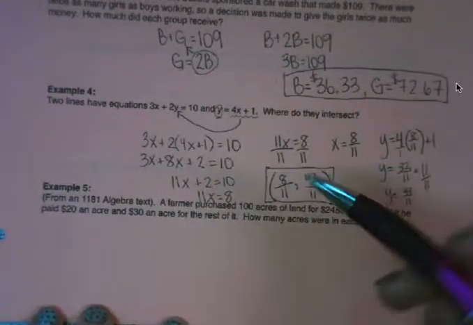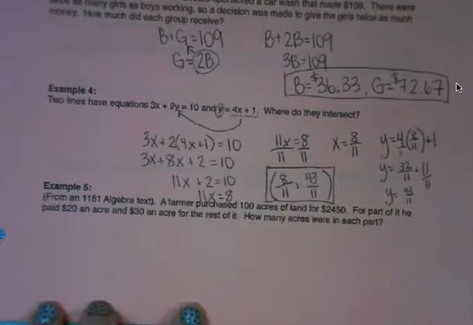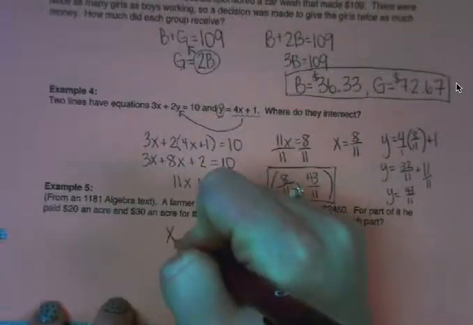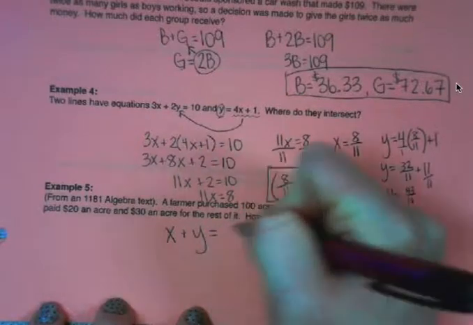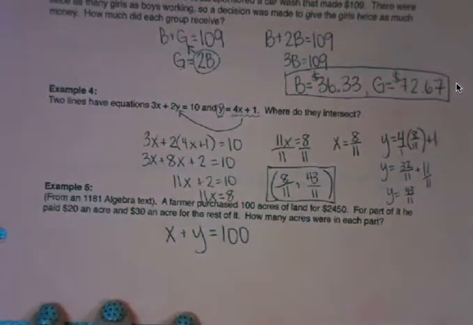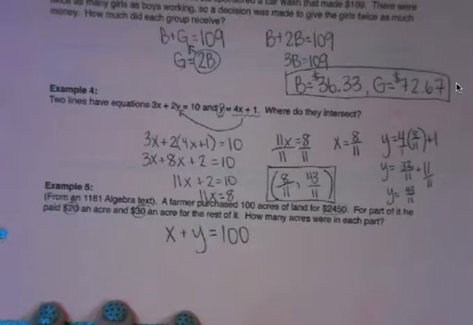Since it's asking how many acres, I'm going to call x and y the number of acres in both parts. Well, I know one part plus the other part gives me a total of 100 acres. So there's one equation. Now I have information about cost, or the price, for my other equation.